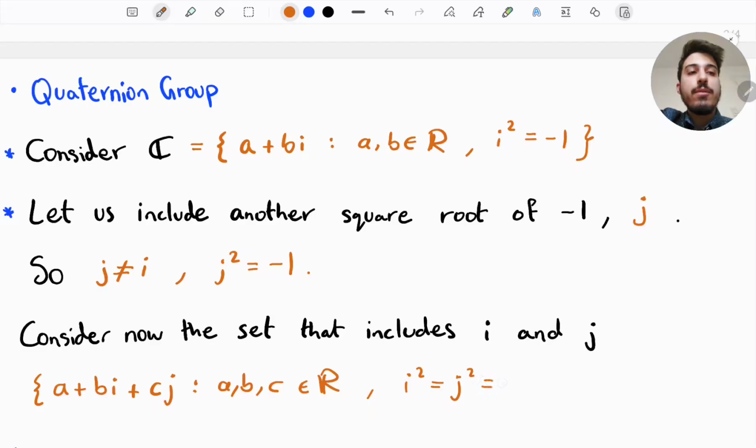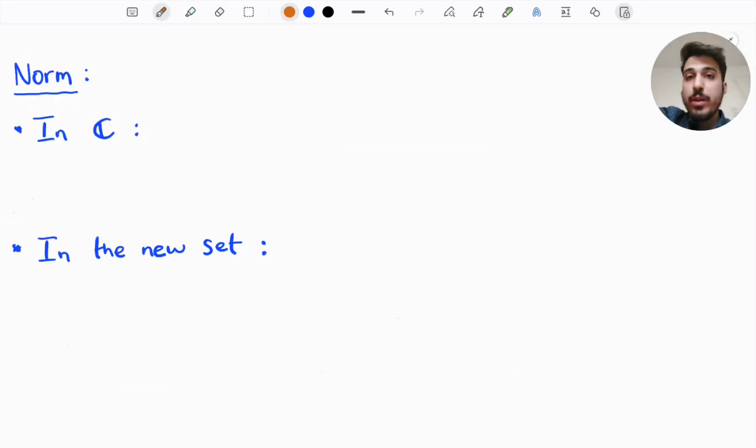One of the fundamental properties that we have in complex numbers is finding the norm of an element in C. So the norm is basically a measure of the distance of the element from the origin. And in C, we can measure the norm by multiplying the element by its complex conjugate.